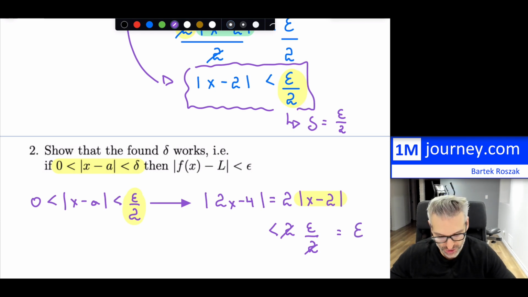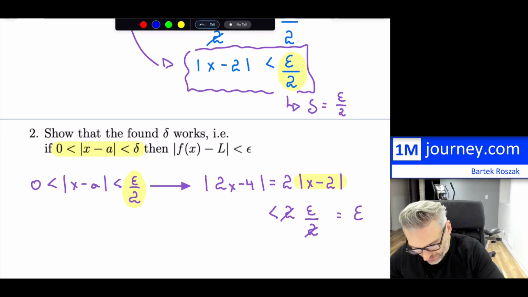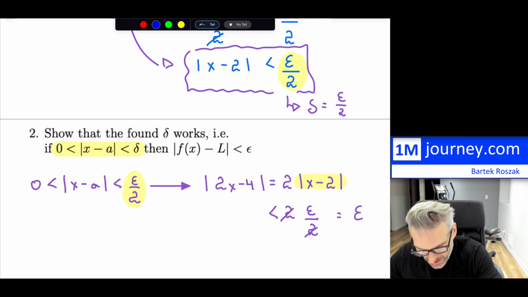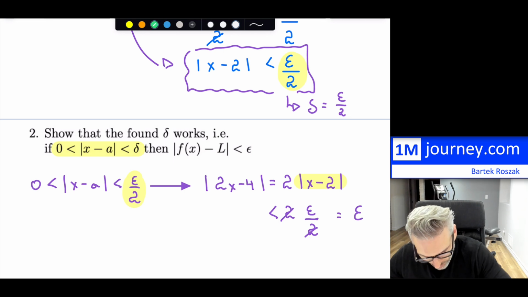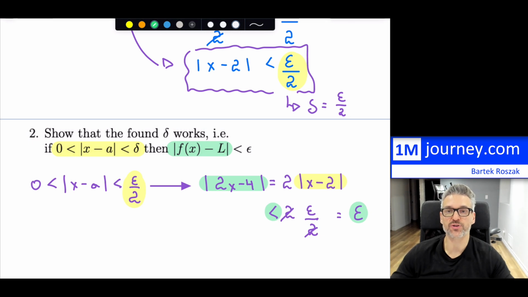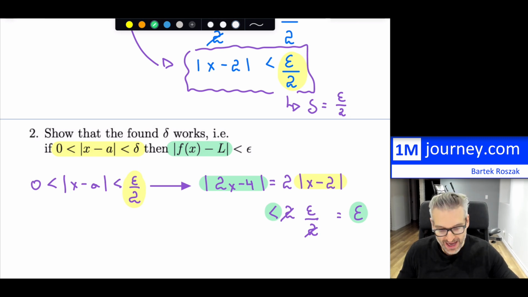And we have now shown that if you have your x within this bound of delta, then what you are looking for, this 2x minus 4, which is f of x minus L, is less than the epsilon. And now we have shown, okay, to the teachers, TAs, professors, that indeed this delta works. And now visually, what does this mean?